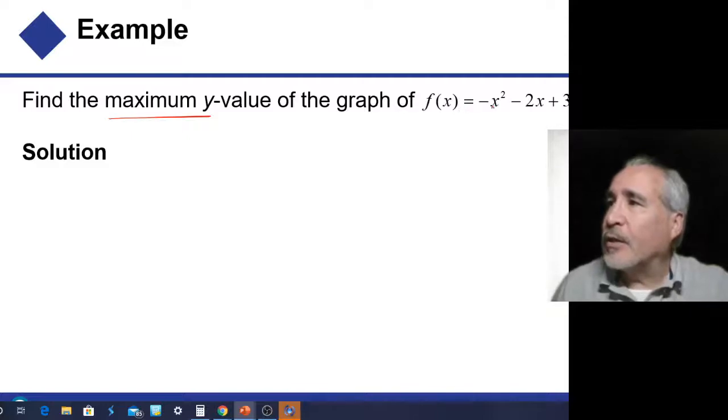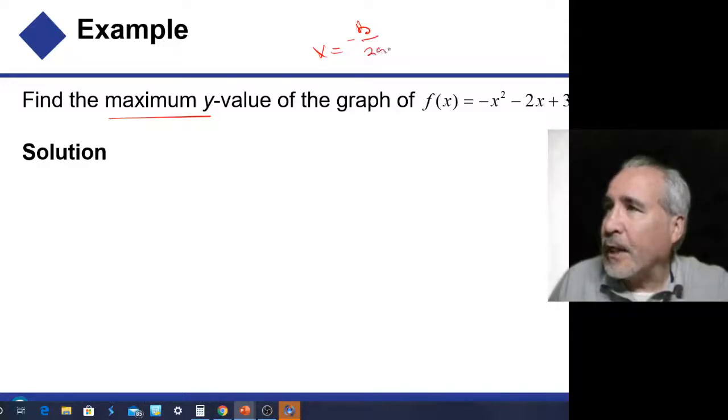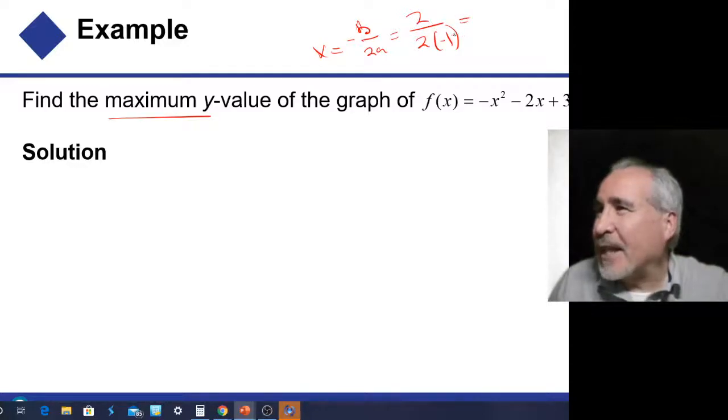So again, you could find the x-coordinate of the vertex, minus b over 2a. So that's going to be a -2. So a negative makes it a +2 over a -1. Okay, so we're back to negative. 2 over 2 is 1. So our x-coordinate is -1.